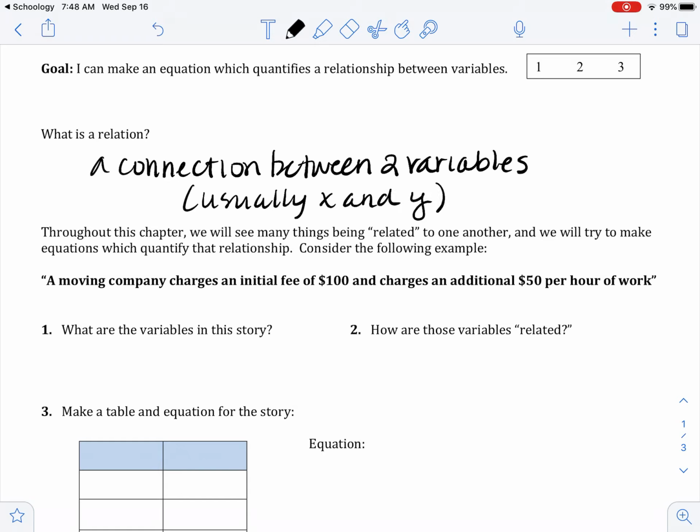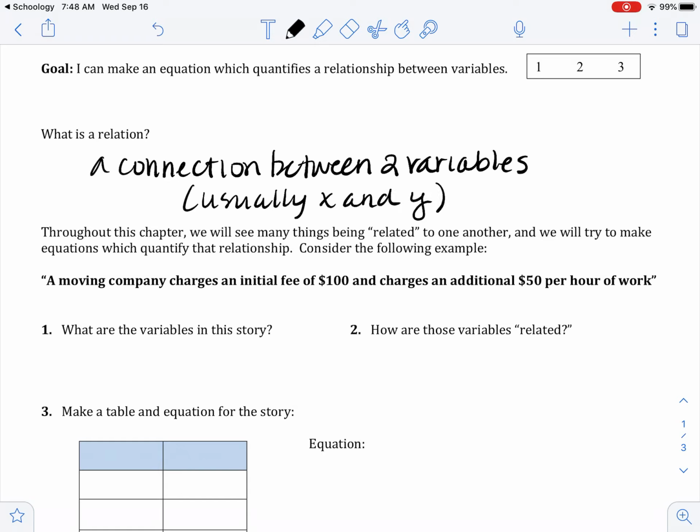It doesn't have to be x and y, but I feel like most people are usually comfortable with that. Throughout this chapter, we will see many things being related to one another, and we'll try to make equations which quantify that relationship. Consider the following example.